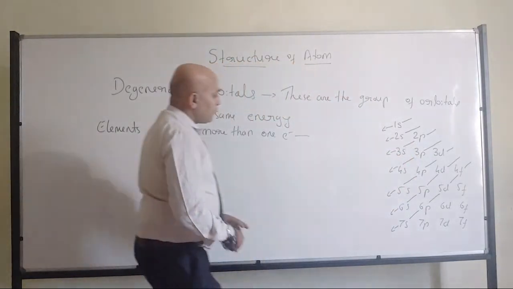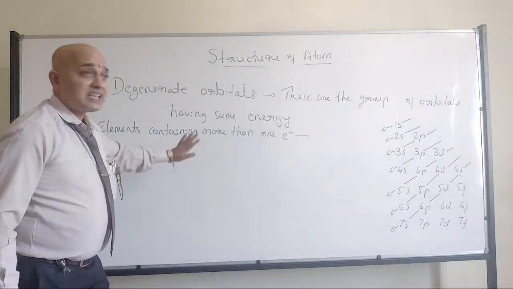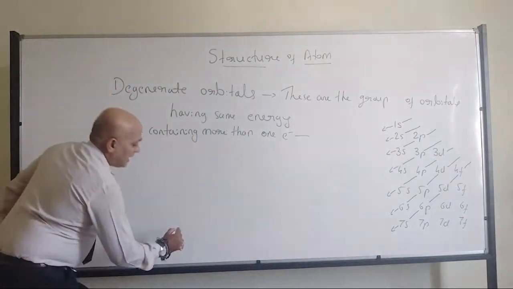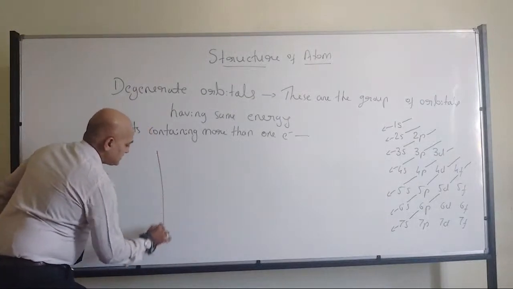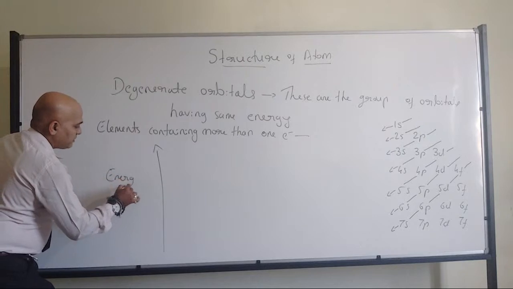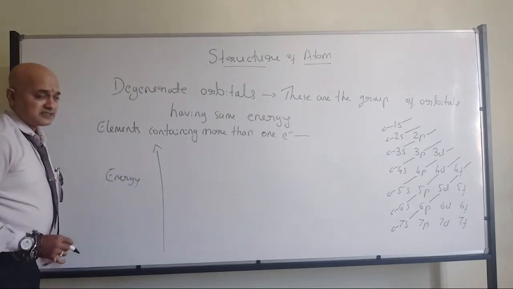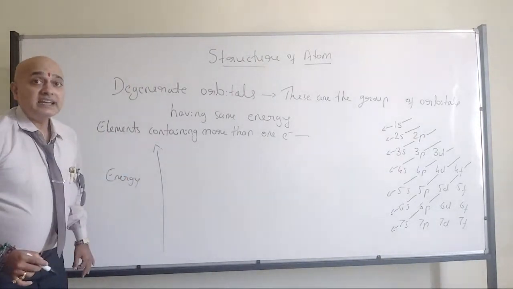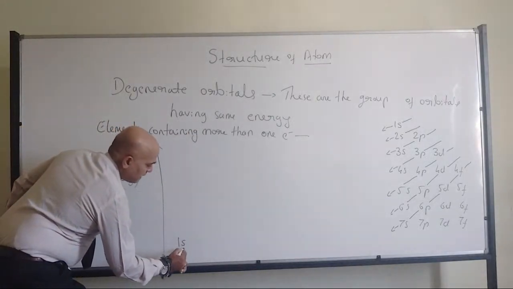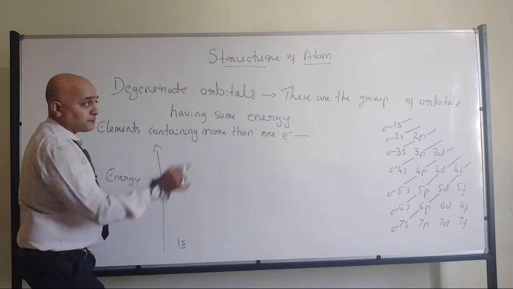The exact explanation for this is the Aufbau diagram. According to that, if this is the energy level, as you move up, energy is going to increase. So 1s is somewhere here.